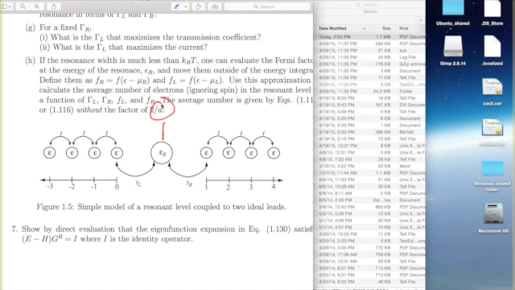Or I think maybe it's set up so you just have your ideal wire, and then you have one weakly coupled level up here, with some weak coupling, TR, and just your ideal chain down here.